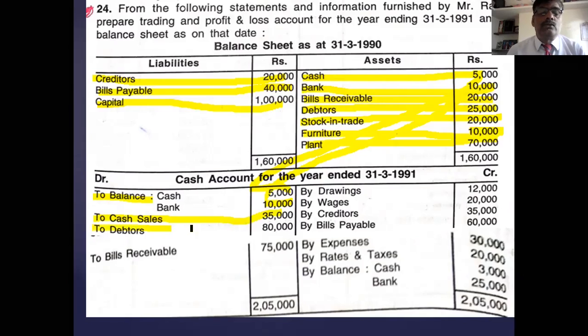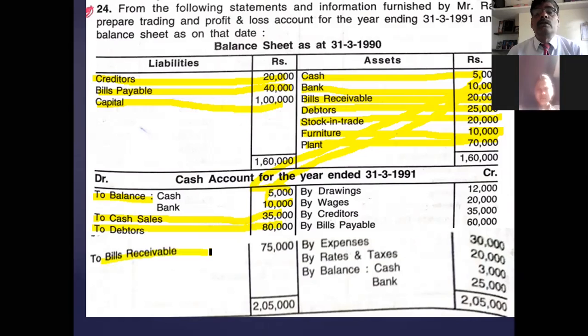Then to debtors goes to debtors account credit side by cash. Then bills receivable goes to bills receivable credit side by cash. The next is drawing. This drawing goes to balance sheet, deducted in the capital.